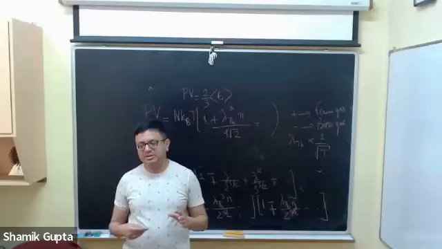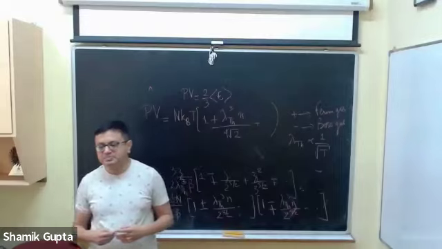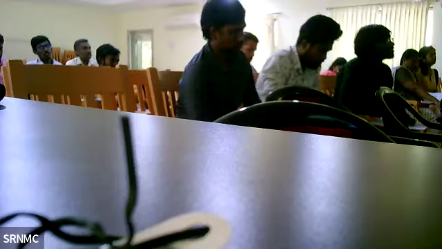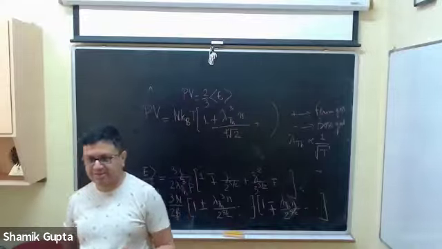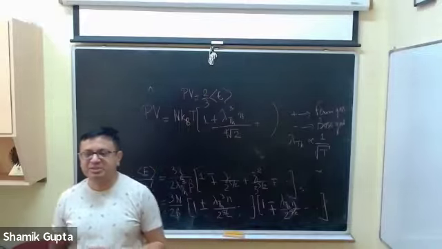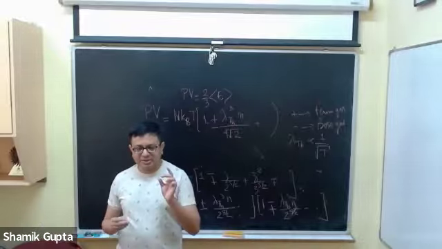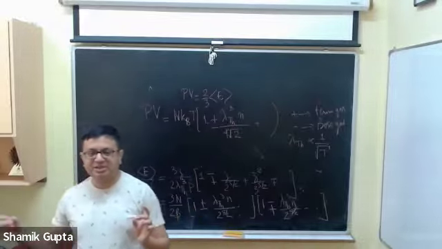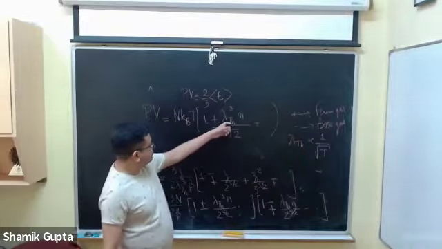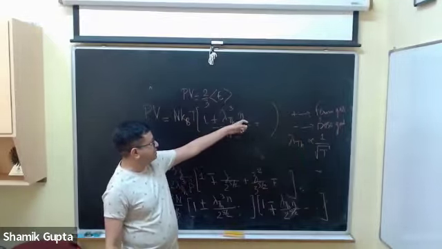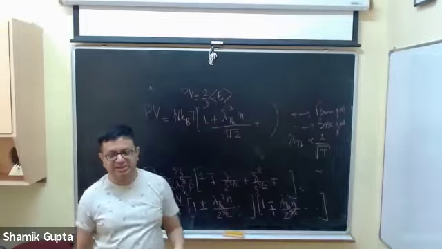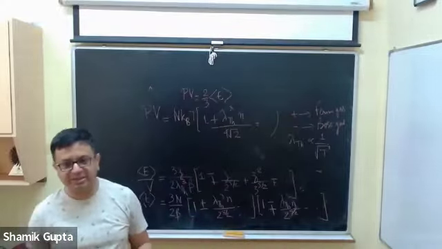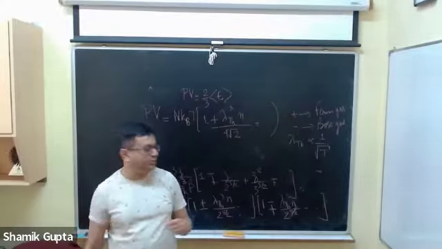You cannot treat it classically. Let me put it this way. The system is quantum, and you are trying to approximate it in a classical way. You are allowed to do that approximation provided your thermal wavelength is much smaller than the interparticle spacing, which is 1 over n to the power 1/3.